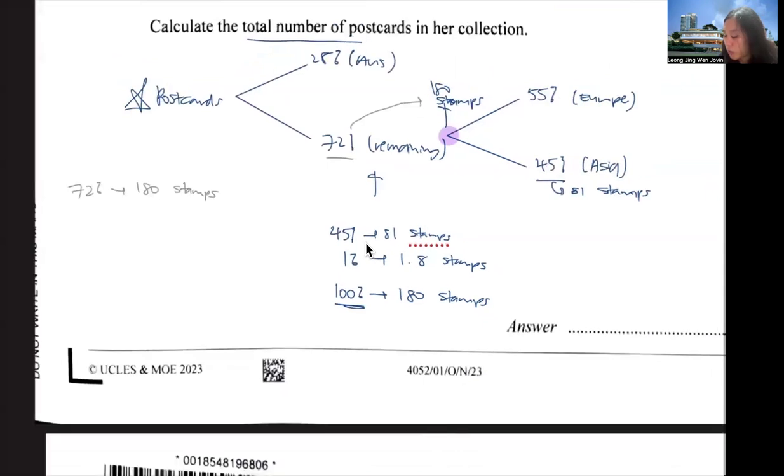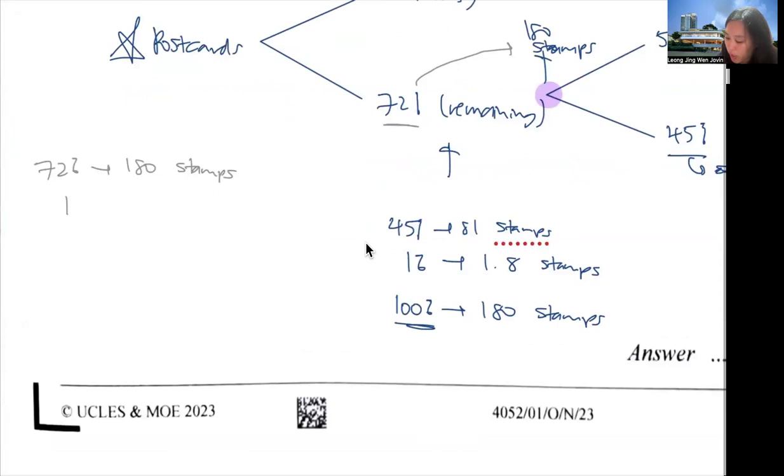So if 72% is equivalent to 180, same thing, I can work out what is 1% and then work out 100%, which is finally my answer. I take 180 divided by 72, and I learn that 1% is 2.5. Let's find 100%. I multiply by 100, I get 250. So that is my final answer.